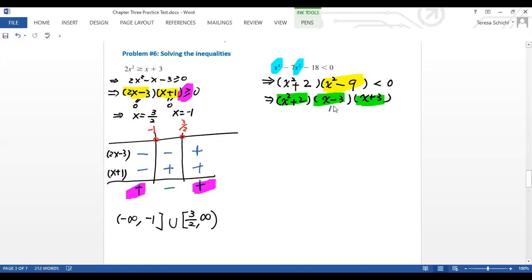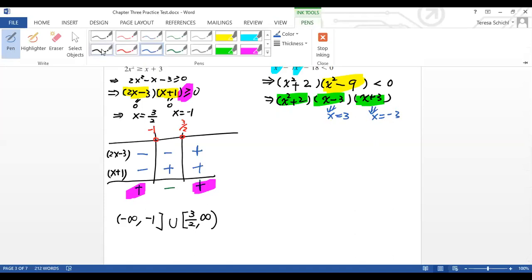So this one here, x equals 3, and this one here, x equals negative 3. And x squared is always greater than 0, so no value will make x squared plus 2 equal to 0. So I only have 2 points, negative 3 and 3.